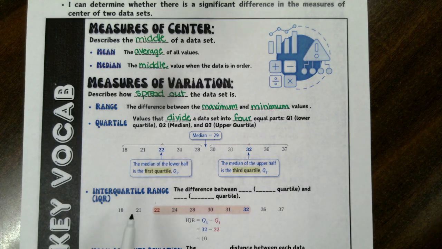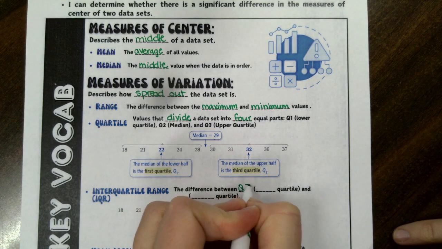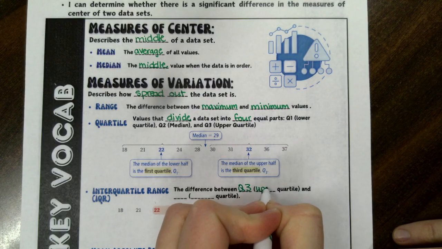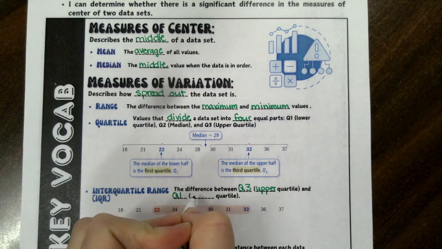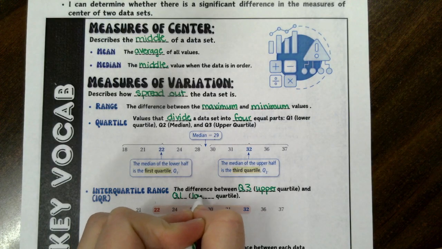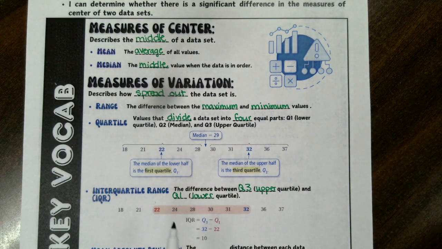Then we have the interquartile range, which is the difference between Q3, or the upper quartile, and Q1, which is the lower quartile. As we looked at in this picture, we broke this up into the lower half and the upper half, and within that, we had the median of 22 and the median of 32.